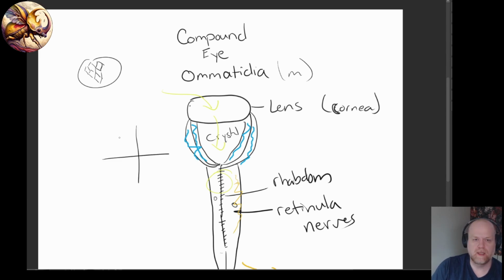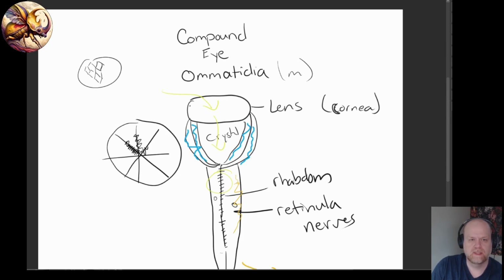So how this would be set up is, the rhabdome is actually kind of, this is a cross section in the other direction. You have a rhabdome that is kind of 8-sided.